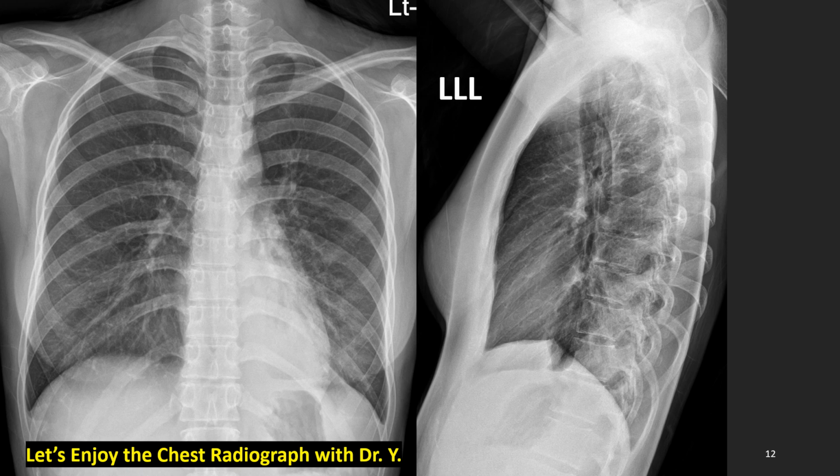Yes, very similar to the previous lateral film, right lower lobar pneumonia, only with one difference, hemidiaphragm. Yes, we are now seeing with this patient the right hemidiaphragm, right? That's the only difference between right and left lower lobar pneumonia in lateral film.